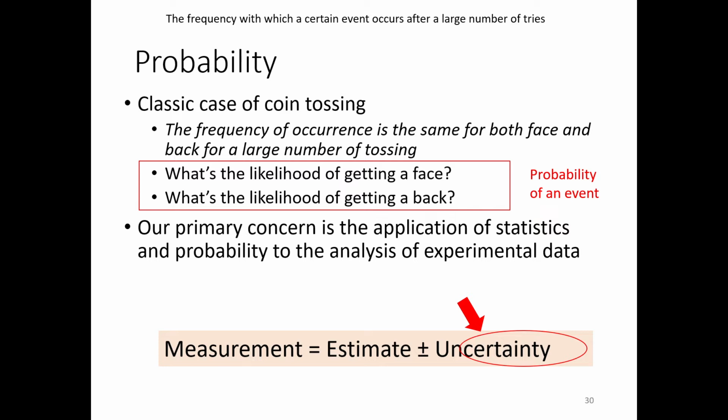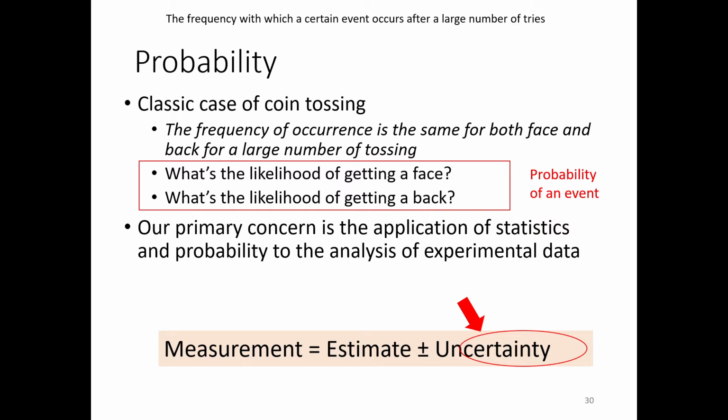So essentially, the uncertainty can be assumed to be the probability of occurrence of your estimate, or occurrence of an observation. To explain probability a little more, we can go back to the classic case of tossing a coin, where the probability of the face or the back of the coin is the frequency of occurrence of one of the sides.